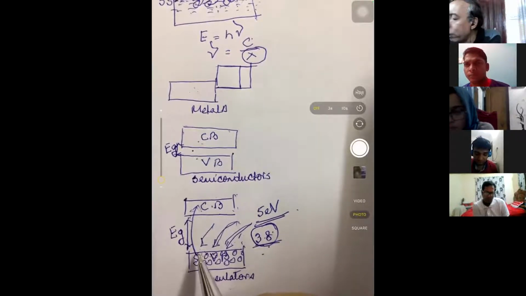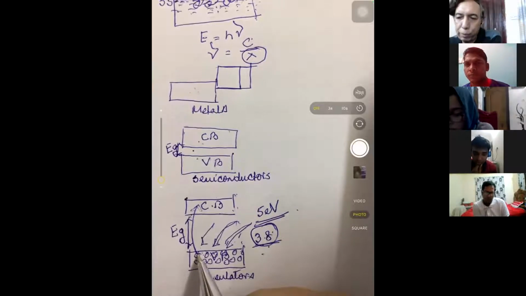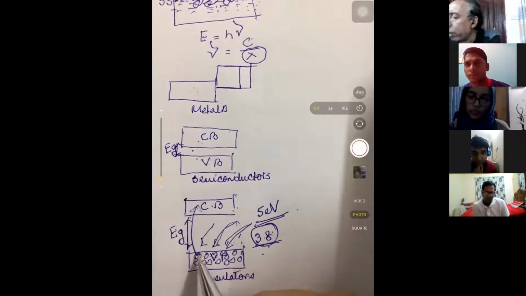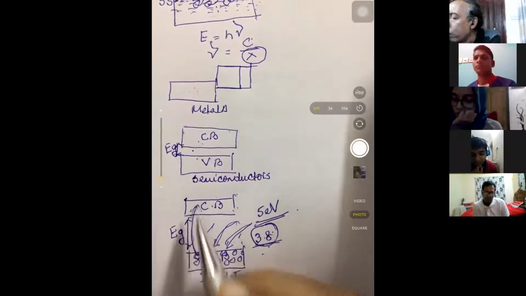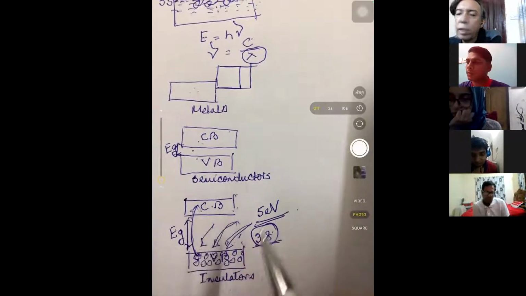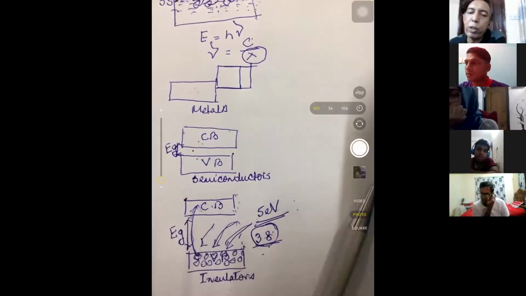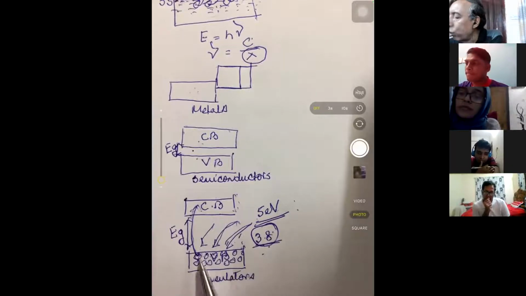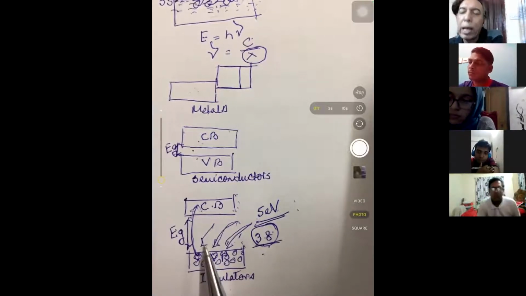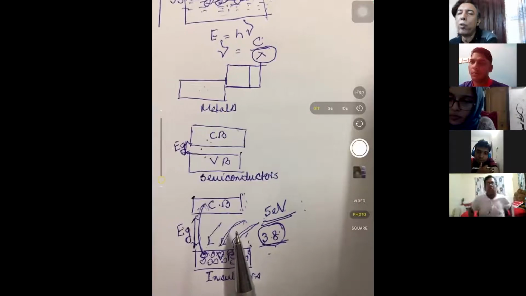And with this 3.8 electron volt, this electron cannot go from valence band to conduction band because the band gap is about 5 electron volt. So these electrons will not absorb this 3.8 electron volt, and the light will pass through the material.